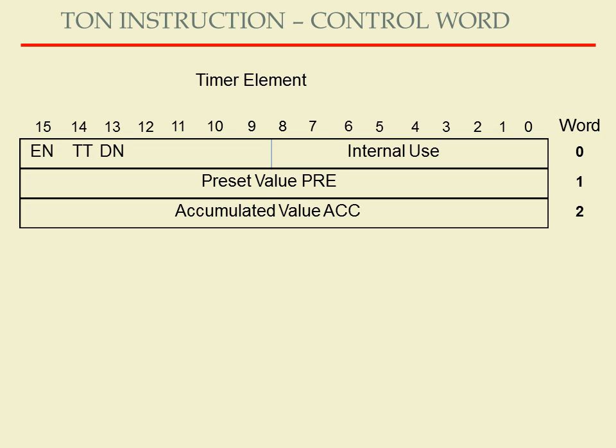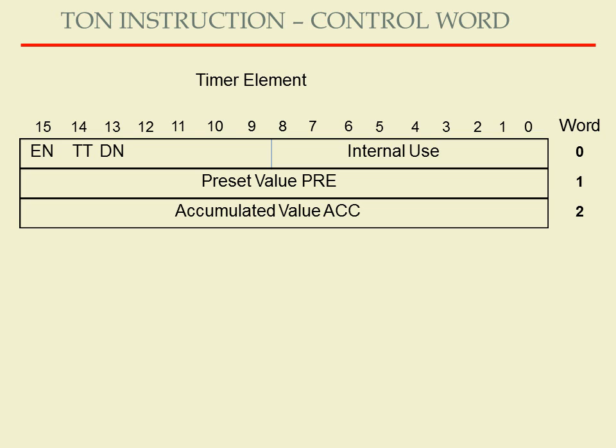DN bit will be set when the timer completes its operation. Next, 14th bit is TT bit. TT bit will be set, or 1, when the timer is in the running condition. 15th bit is EN, that is enable bit.